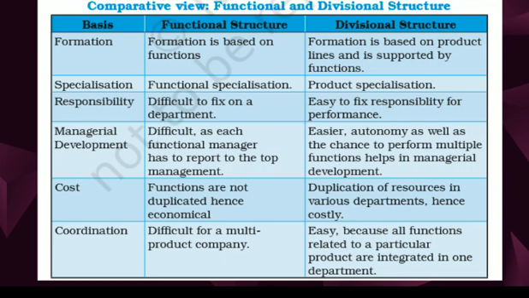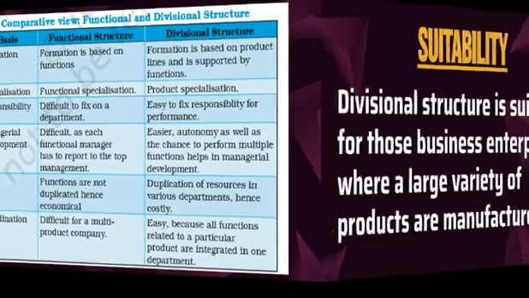In divisional structure, we have departments based on different products and then supported by the functions. In one single department we have all the functions integrated together, and that is why coordination becomes very easy. So this can be called the comparison, or difference, between the functional and the divisional structure.